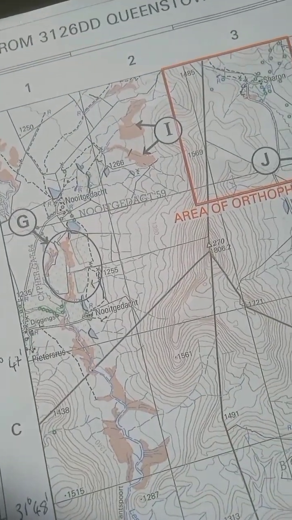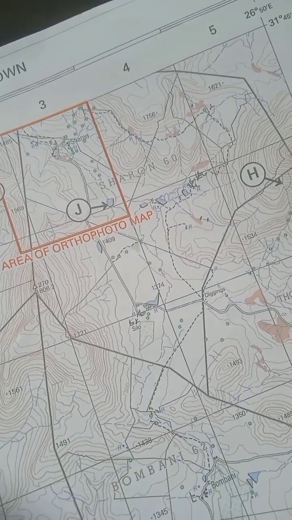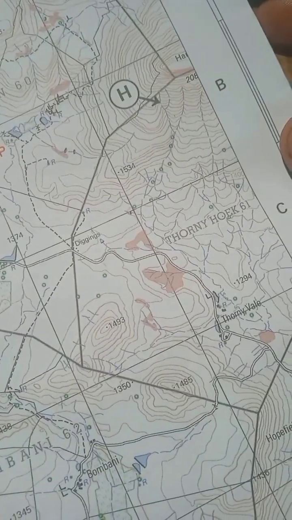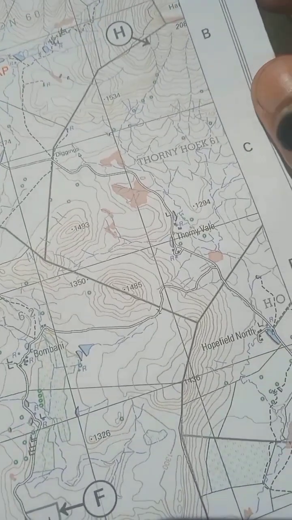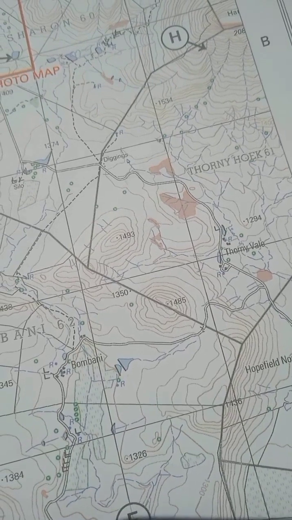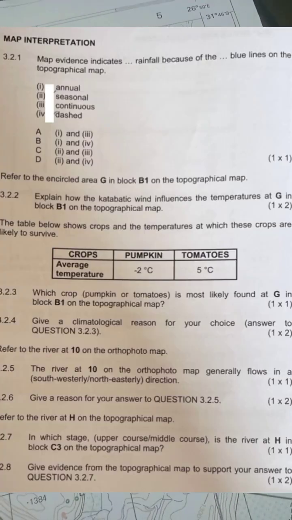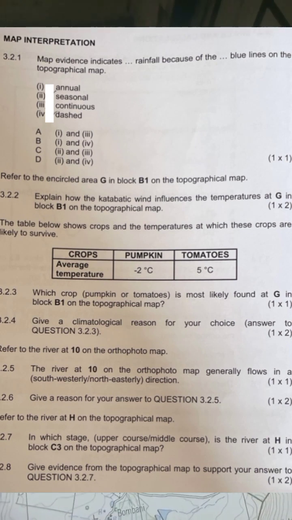So what does that indicate about the type of rainfall that they have? Do they have it annually or seasonally? Because these are seasonal rivers that we see here, we should be getting seasonal rainfall. So it has to be seasonal, and dashed.